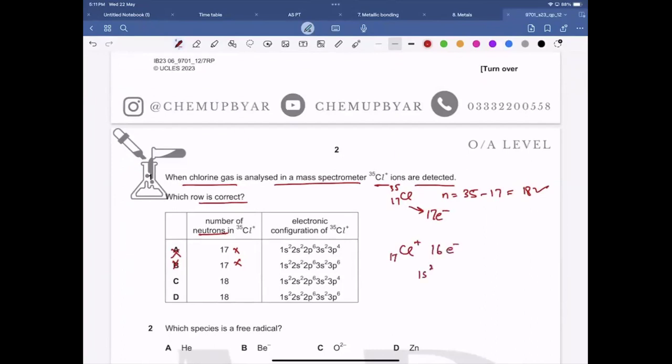If you rewrite the electronic configuration of 16 electrons, it is 1s2, 2s2, 2p6. That is 10 electrons. 3s2 makes 12 electrons, and 3p4 fills the 16 electrons. So 3p6 makes D wrong. We are left with only option C, so C is the correct answer. Is this clear?